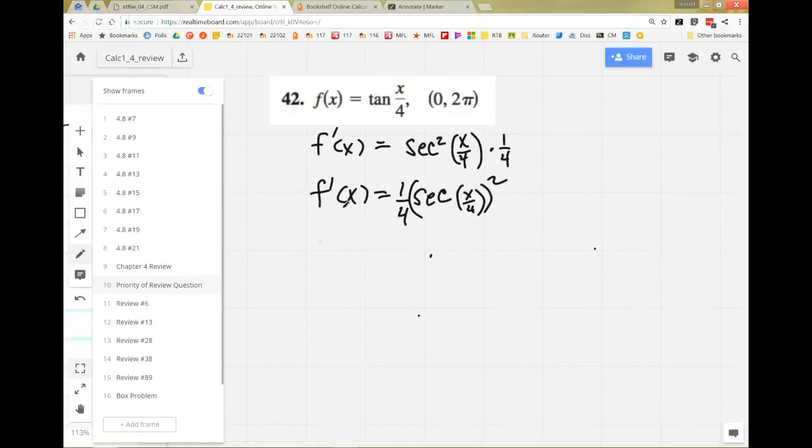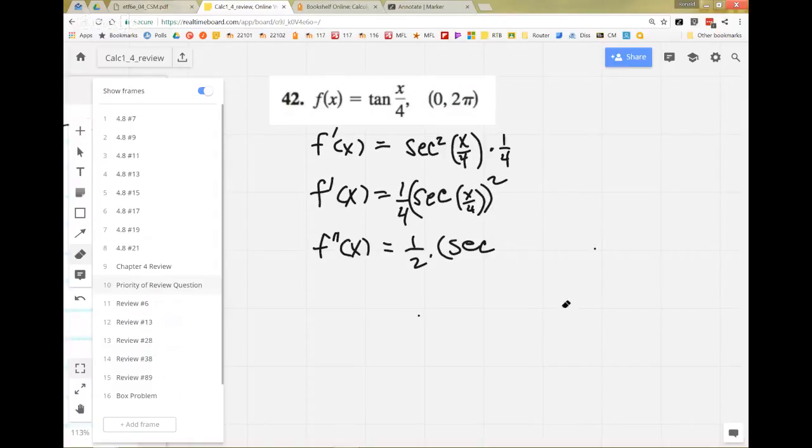Now, as we endeavor to take the second derivative, we have to do the power rule. 2 times 1/4 is 1/2 times the secant of x over 4. Okay, well, what's the derivative of the secant? Secant tangent.